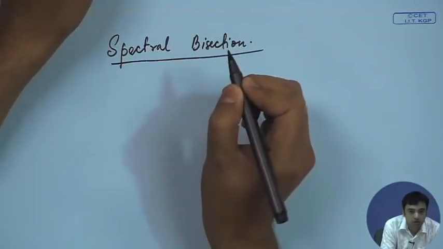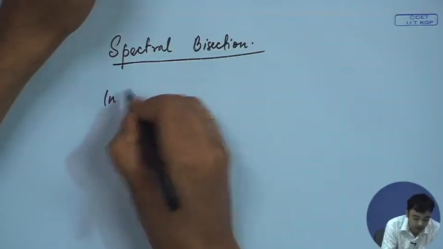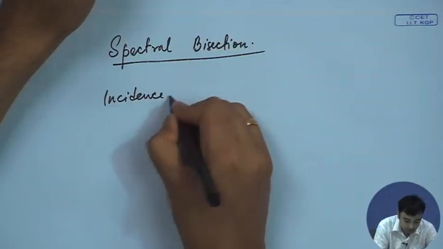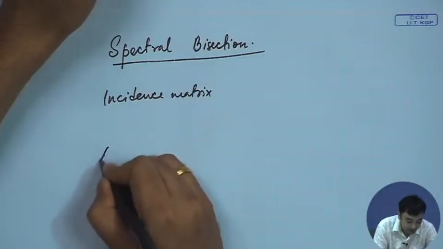In order to do spectral bisection, last class I already defined two basic matrices that we will need for the rest of the analysis. One is what we call the incidence matrix, and the other is the Laplacian matrix.